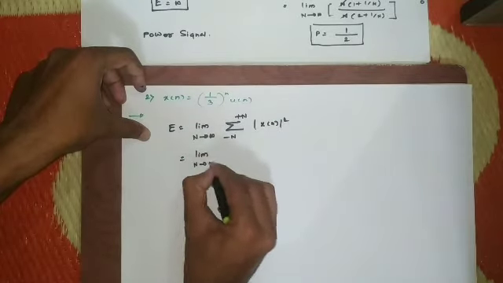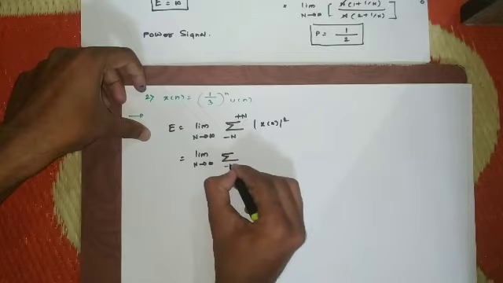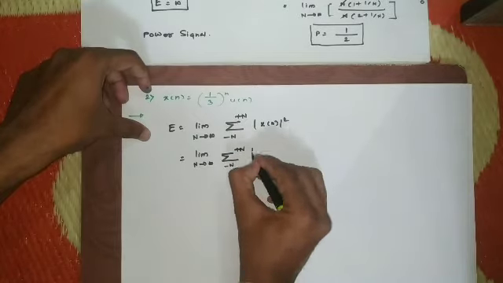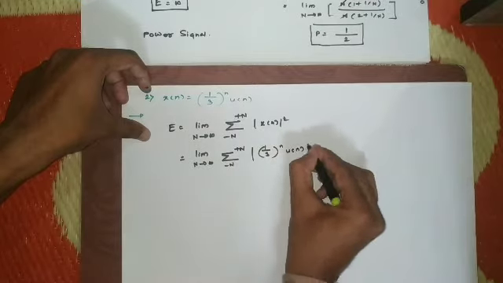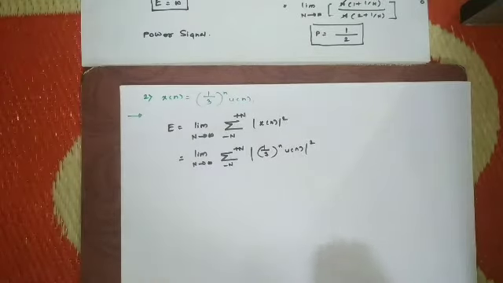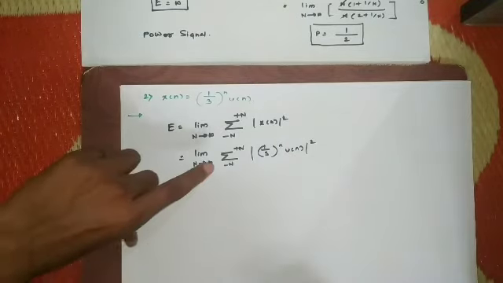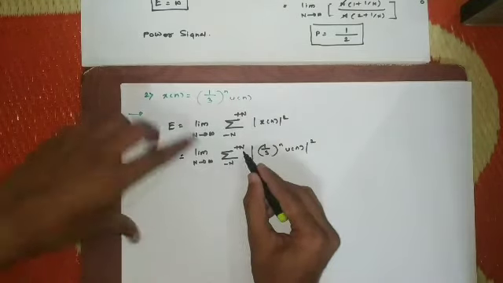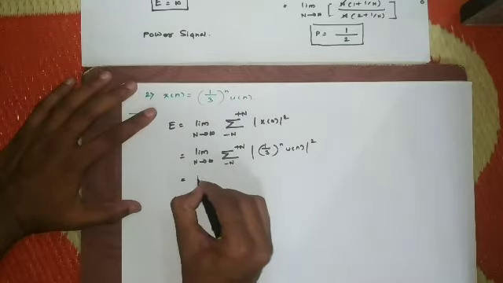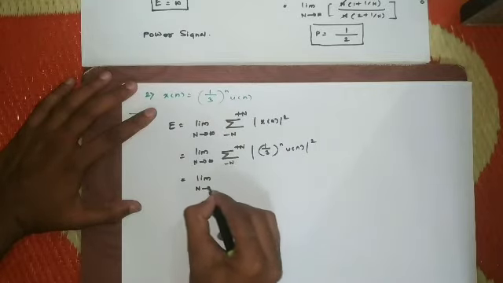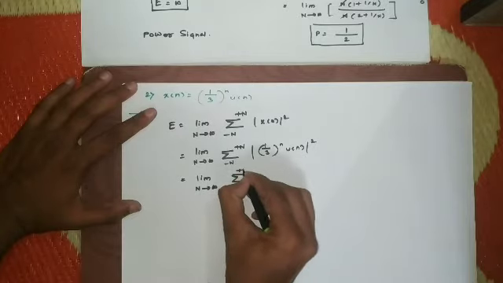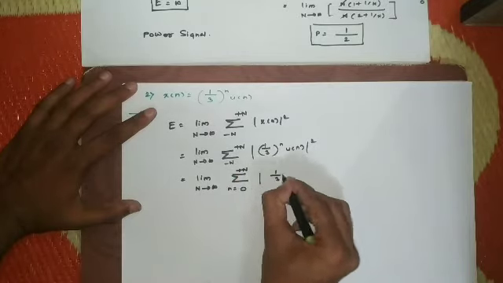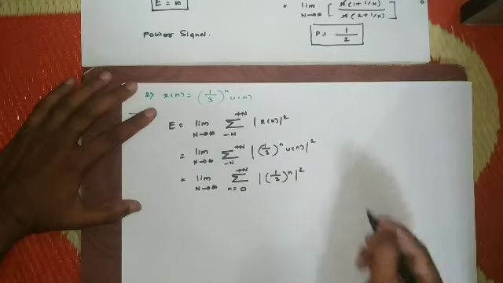We'll get this term, minus n to plus n, mod of 1 upon 3 raised to n into u of n, whole square. Now here u of n is nothing but the unit step function. Obviously the limits are going to change from 0 to plus n. In that range it will have an amplitude 1, so we'll replace it. This is small n from 0 to plus n. We are left with 1 by 3 raised to n whole square.